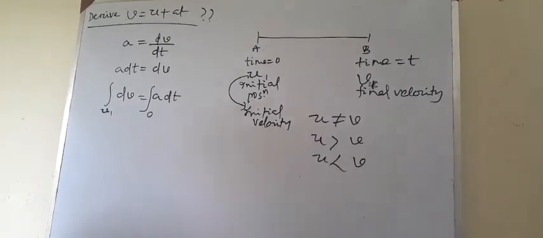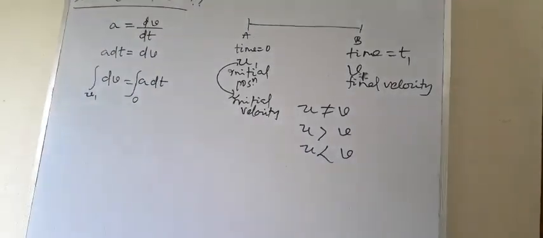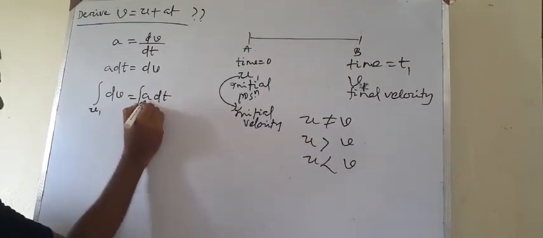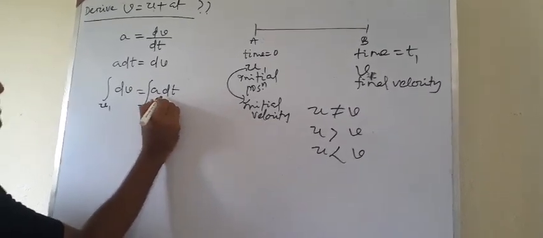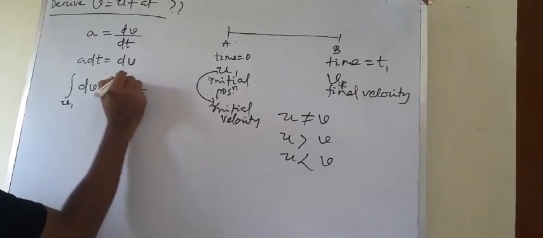Let us consider the final time as t1. Why am I taking 0? Because here acceleration is constant and the variable is time. Time is changing. So the lower limit of time is 0 and the upper limit of time is t1.